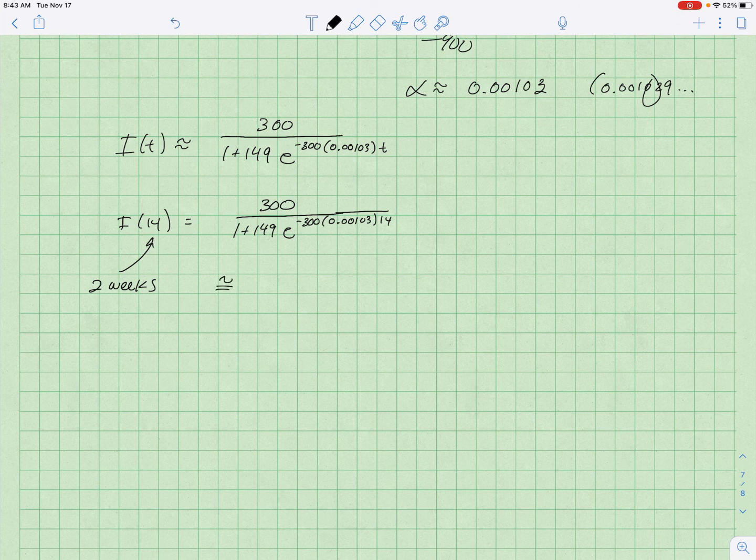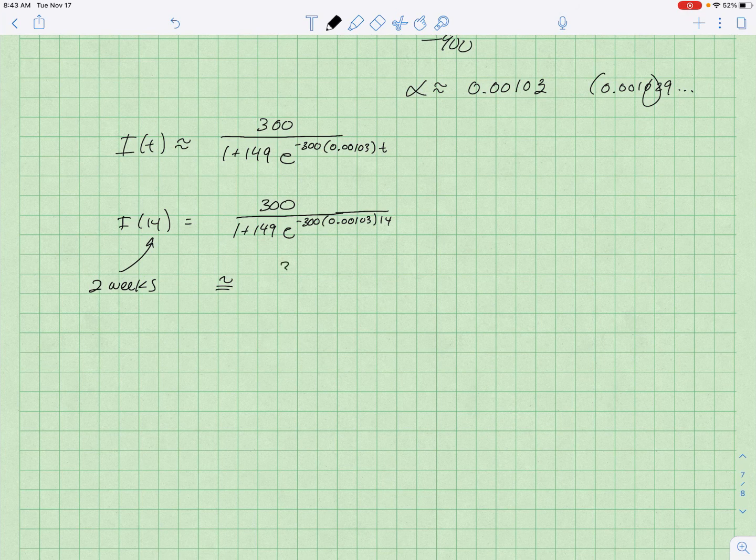Let's see, clear. 0.00103 times 14 times 300, negative, e to that, times 149 plus 1 is about 2.96.